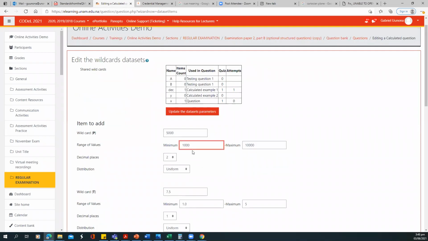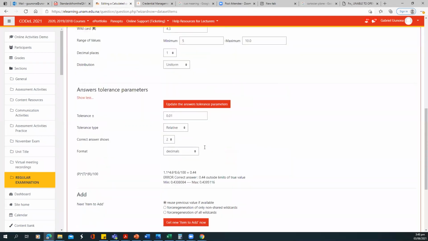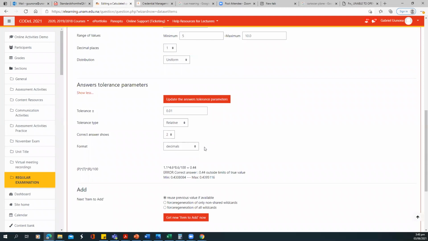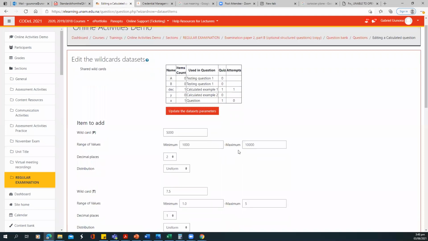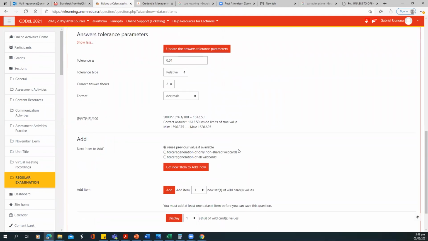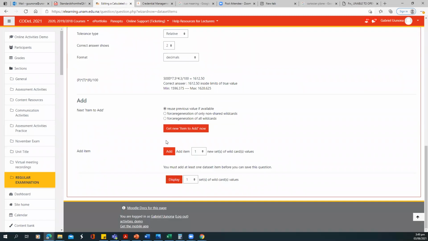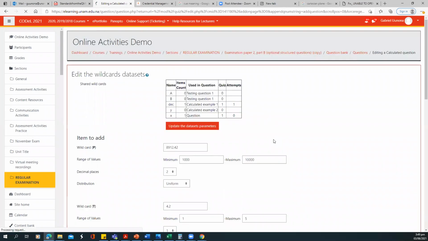Because P should be a minimum of 1,000. Yeah, I didn't update here. Okay, so let us add.